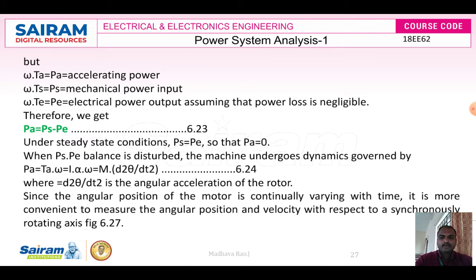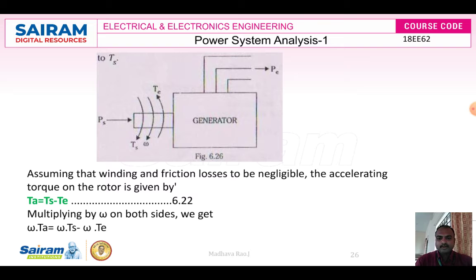According to that we can write TA is equal to TS minus TE. TA is the accelerating torque on the rotor, the difference of TS and TE. Multiplying by omega on both sides, omega into TA is equal to omega into TS minus omega into TE.